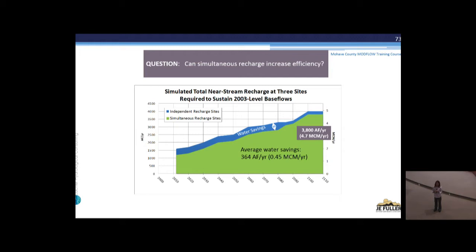Instead of saying we need to just stop pumping, or we need to replace 10,000 acre-feet a year in the Kona depression, which wasn't going to happen, 3,000 acre-feet a year is on the order of what they're recharging at the effluent treatment plant now, and it seemed like a manageable prospect for recharge in the future, even though they didn't know where they were going to get the water yet. But it was something to shoot for.